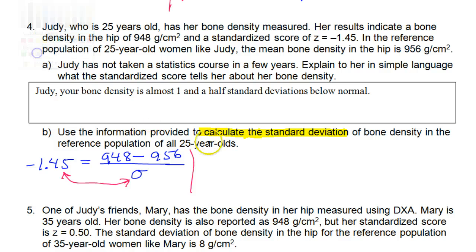So that's going to give us that the standard deviation is going to be out here, and the negative 1.45 is going to be down here. Okay? You might as well, what is 948 minus 956? Negative 8. Okay, might as well go ahead and subtract those. So now we can go ahead and get the final answer. All right, what is negative 8 divided by negative 1.45? 5.52? Okay, so the standard deviation is 5.52.